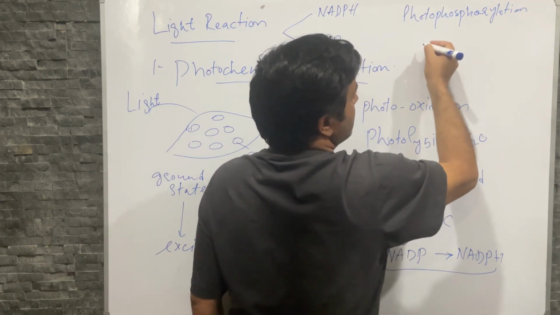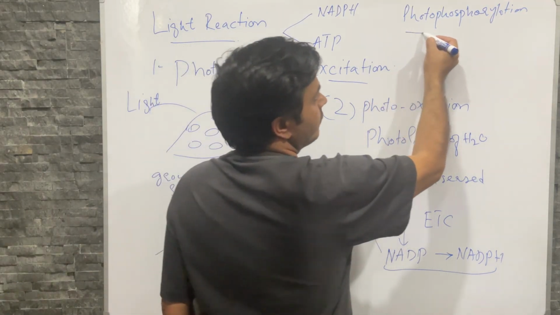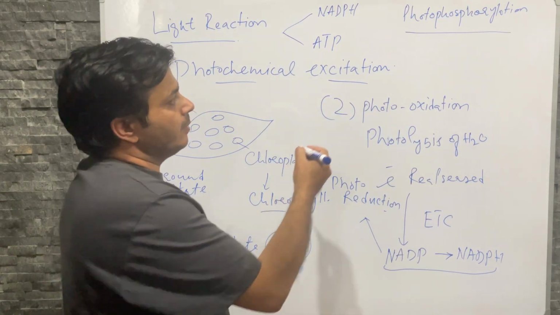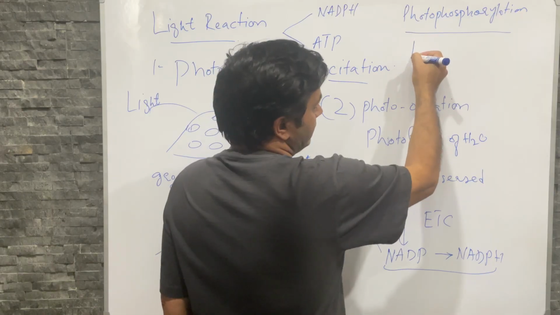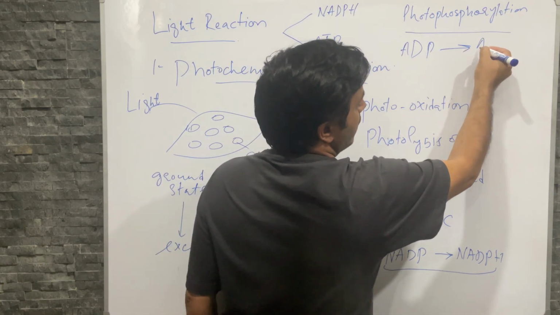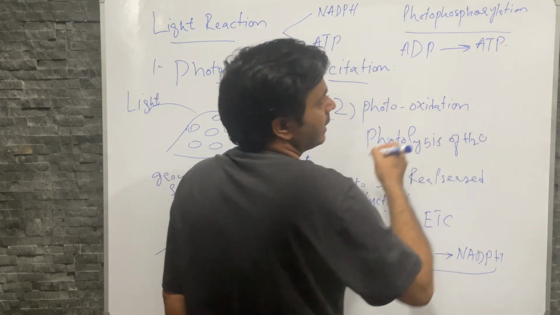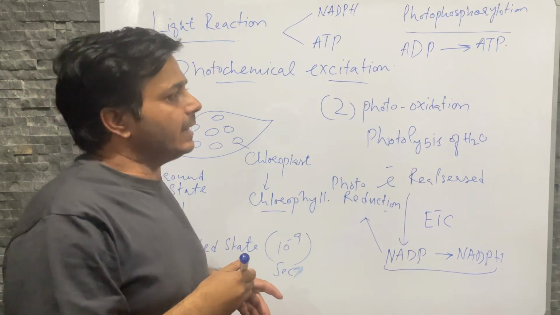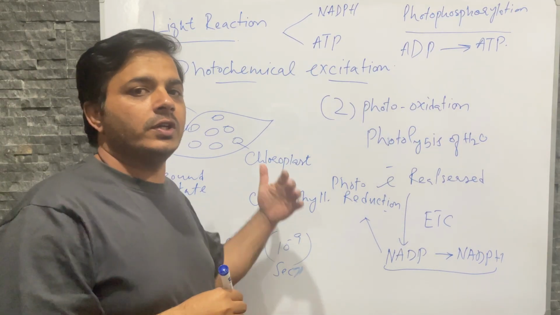How would you define photophosphorylation? It is a process through which ADP is converted into ATP in the light reaction.